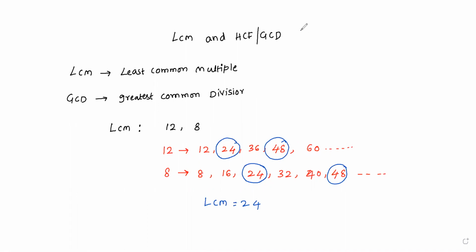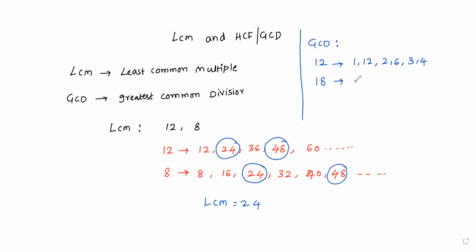Let us see GCD, greatest common divisor. So 12 and 18 I am taking. The divisors of 12 are 1 and 12, 2 and 6, and 3 and 4. So these are all divisors of 12.